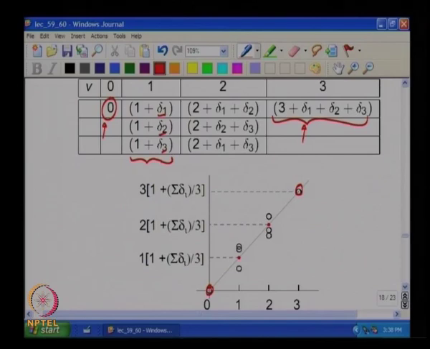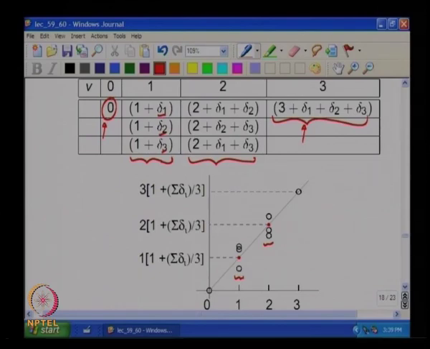Now, there are 3 ways of choosing 2 elements also, and these are shown here. Each of these circles represents one way of choosing elements such that you get a nominal value of 2.